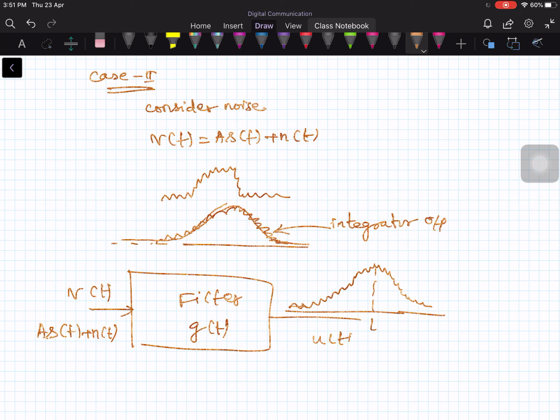It peaks at t equal to capital T. So this is a typical waveform at the output of the filter when you consider the input is contaminated by noise. So what we are doing is we are passing through the filter and taking the samples, and this is the sampled value.